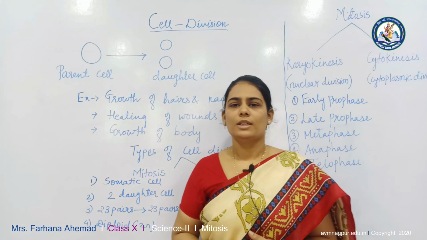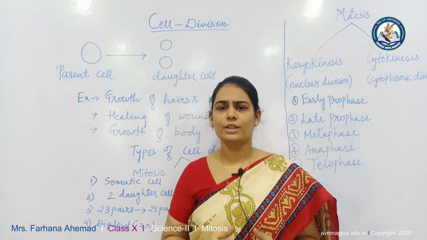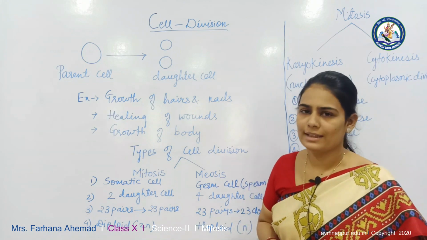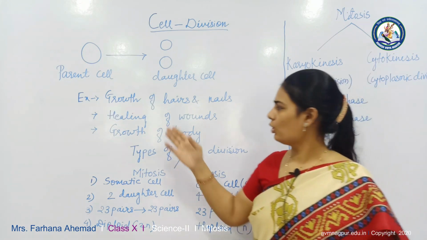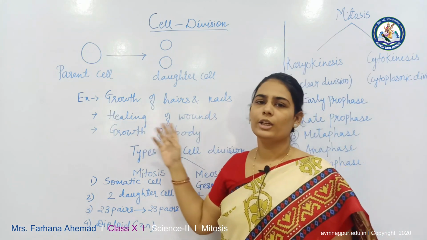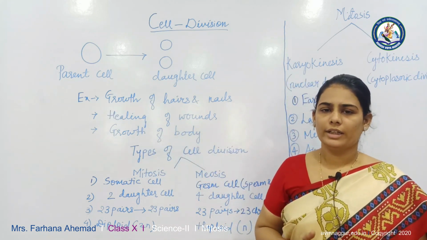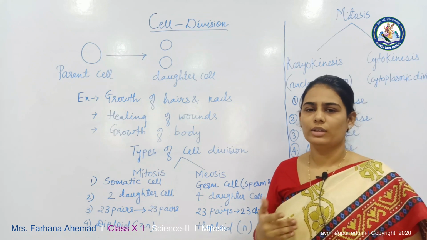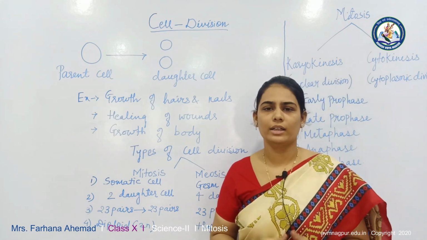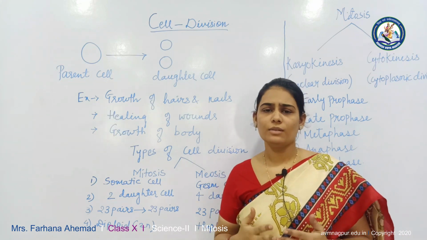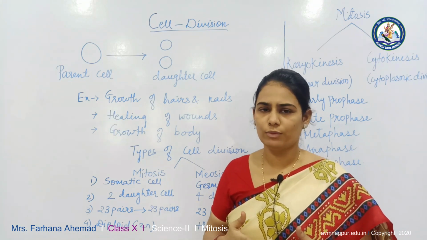Now a question comes to mind: what is the use of cell division and why is it necessary? There are so many examples, such as growth of hair and nails, healing of wounds, and growth of the body. We experience in our day-to-day life that our hair and nails are growing. So how does all this happen? We also experience healing of wounds.